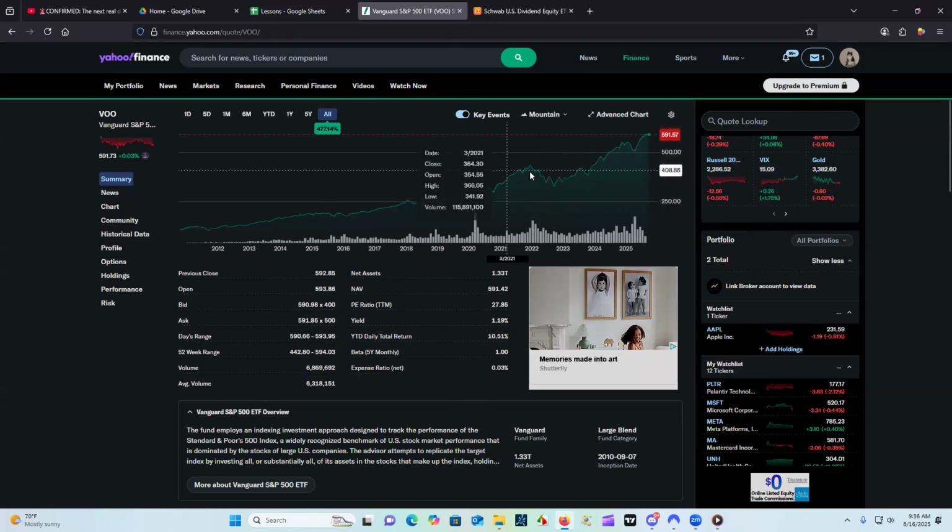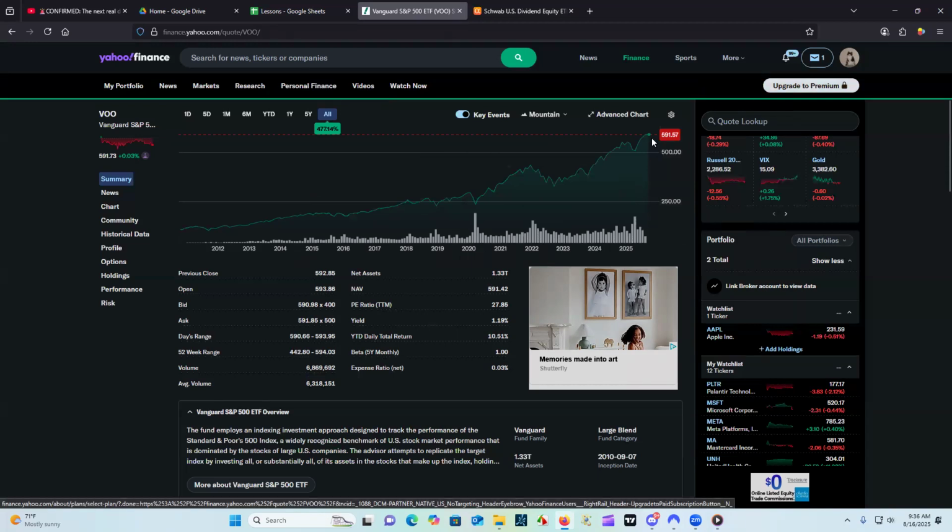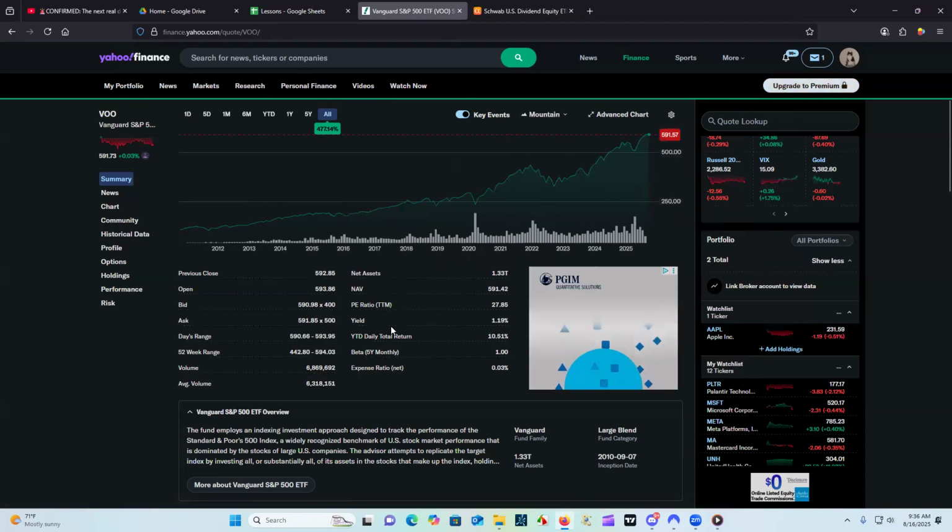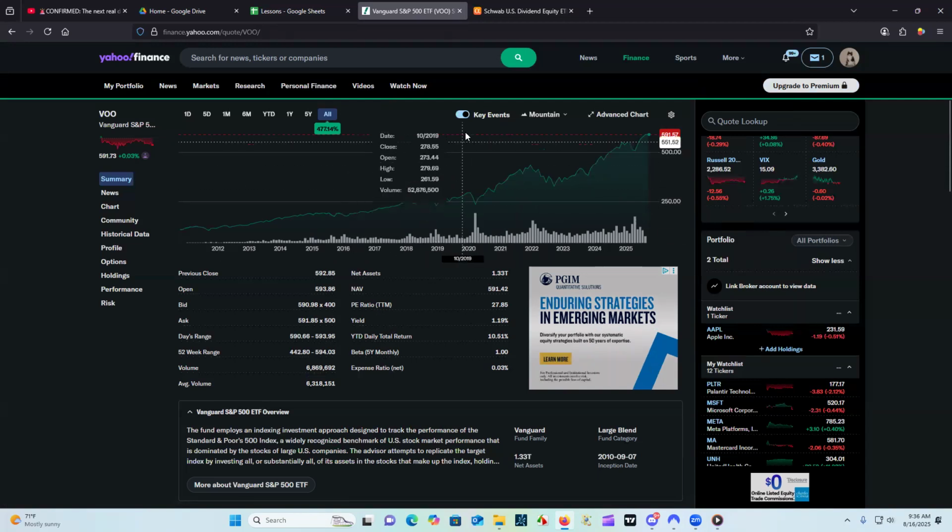But during times of stock market crashes or bad economy, this can happen and your yield can also go down. But just keep holding on to it because eventually the stock market will recover and it'll go back up again. And in time, it'll just keep going up. Then over time, your yield will go up and you'll get paid more for as long as you hold that ETF or bunch of ETFs.